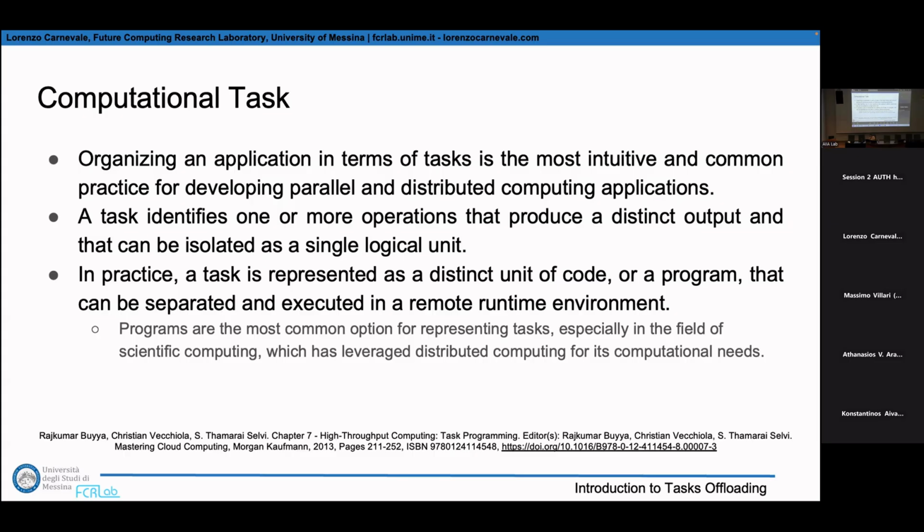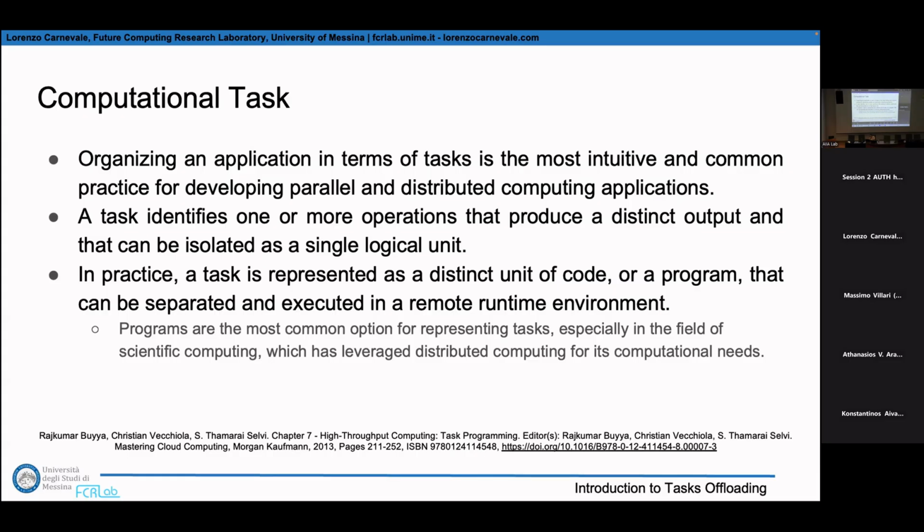It is what an application is organized with. An application is composed of one or multiple processes, one or multiple threads, and the most intuitive thing to do is to develop applications in a distributed way or in a parallel way when the computation becomes much more complex.